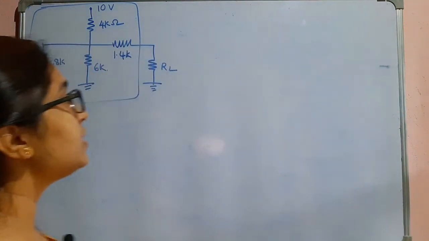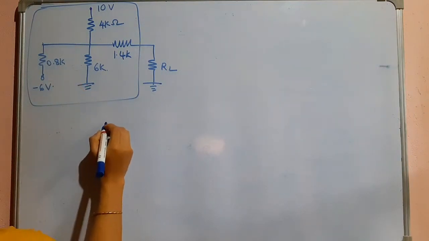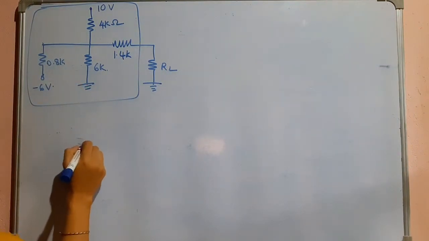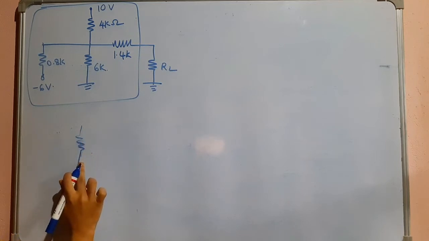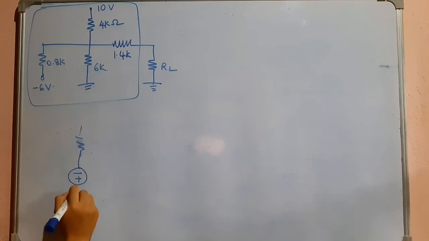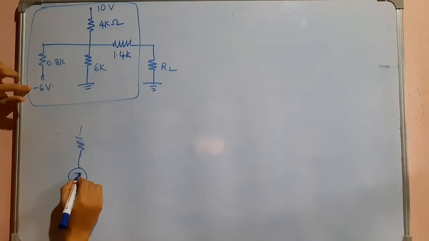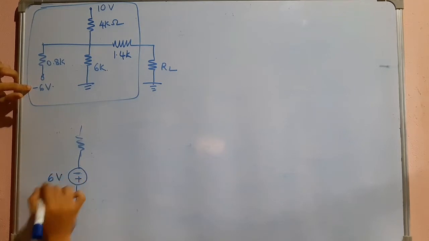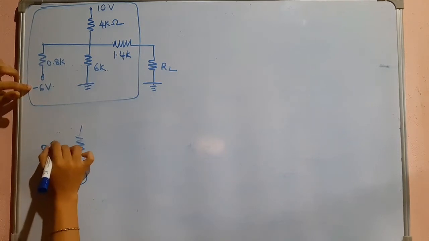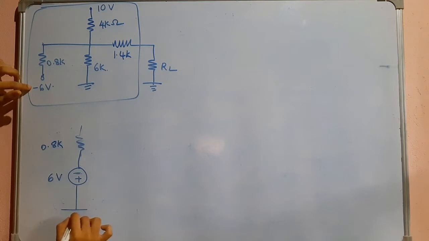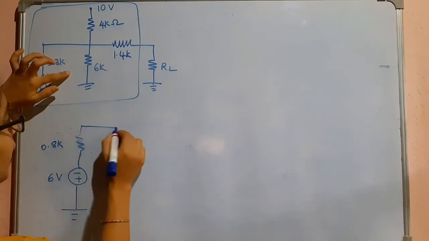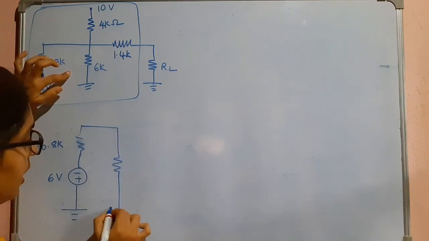First I will consider this minus 6 volts. It is minus 6 volts because this terminal is connected to negative, and I will write it as 6 volts. This is 0.8K, and here this is grounded. Here again we have 6K which is grounded.